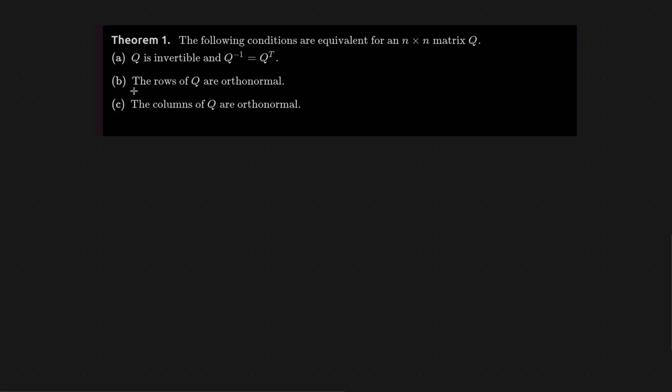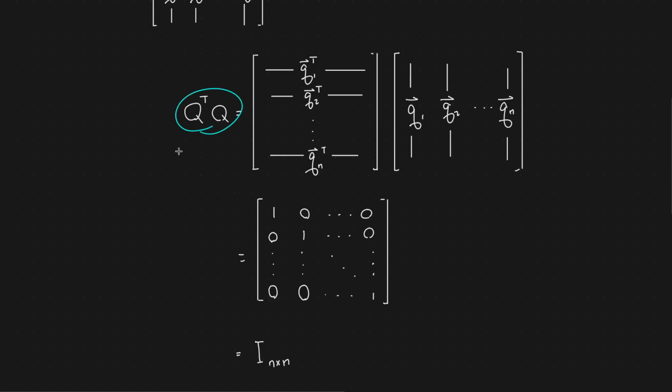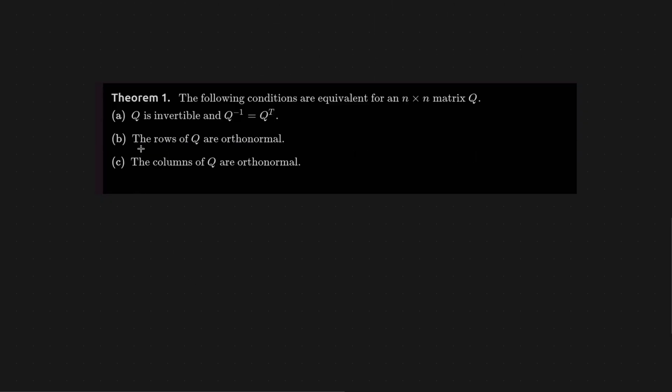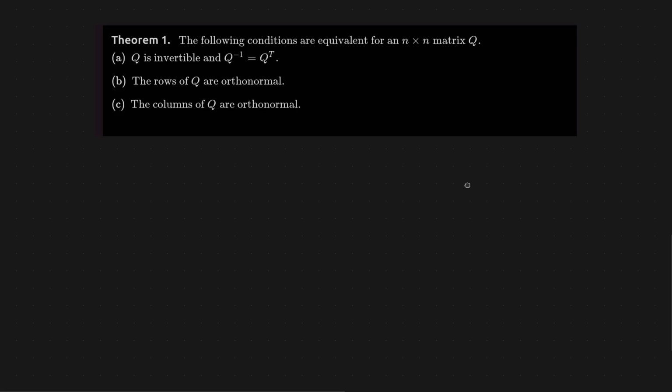And it turns out, because Q transpose times Q gives me the identity matrix and they're inverses, I'd also get the same thing with Q Q transpose. And what that last observation shows is that the rows of Q are actually also orthonormal. So these conditions are all equivalent.